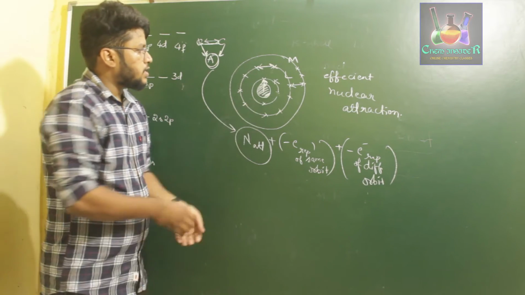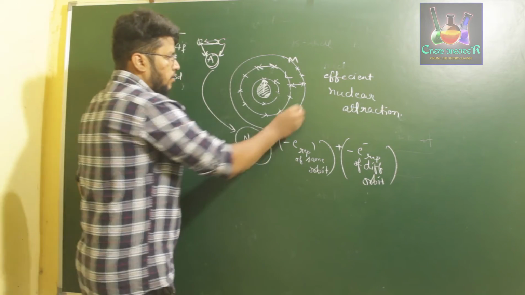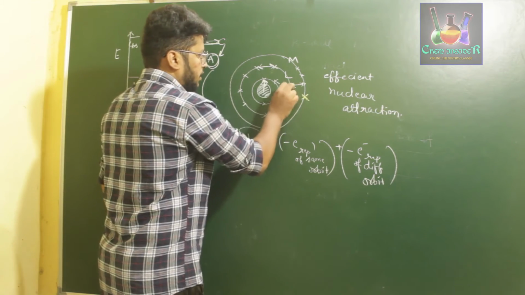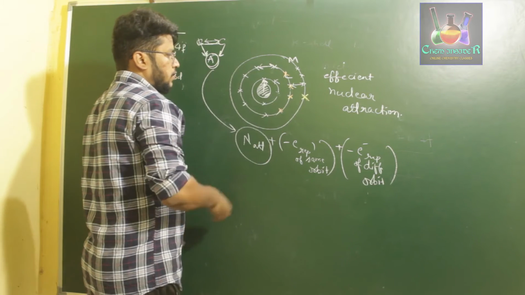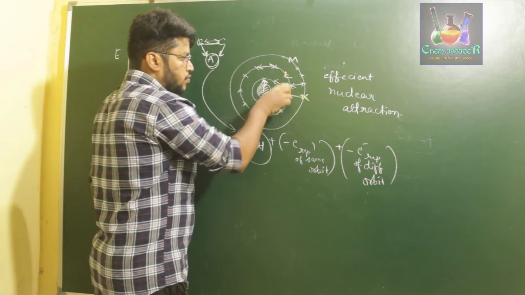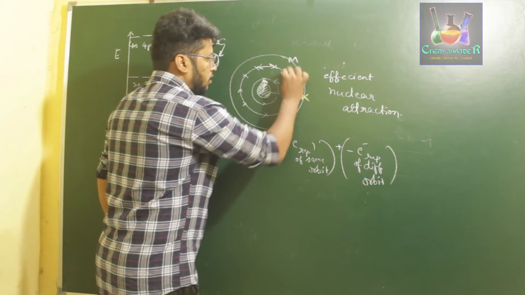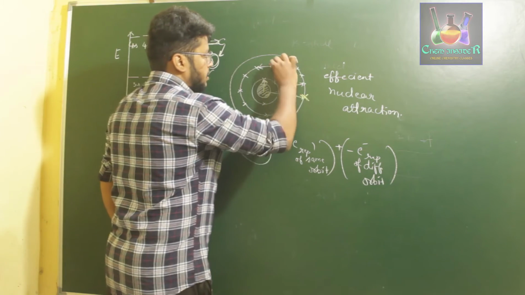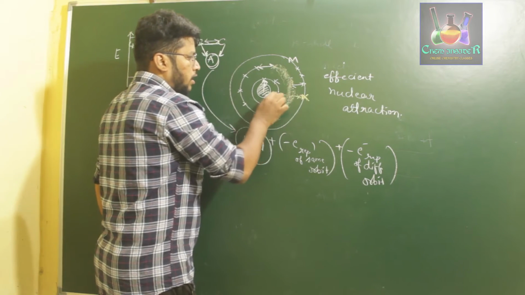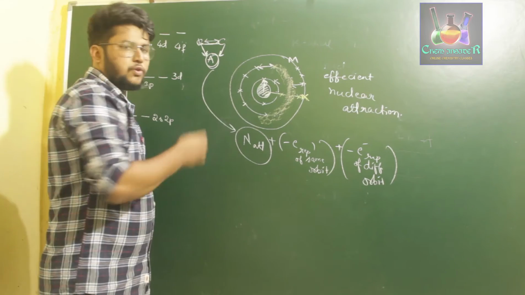So if this nucleus is attracting an electron, let us consider we have an electron here and certain electrons over here, the electrons already present in the inner orbit create a screening around their orbital, which results in no attraction between the electron on the outer shell and the nucleus.